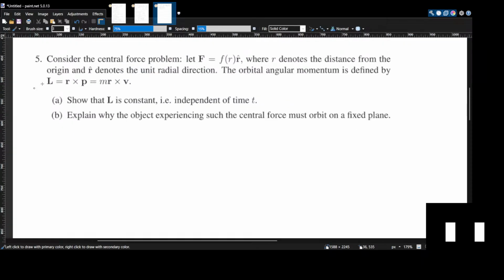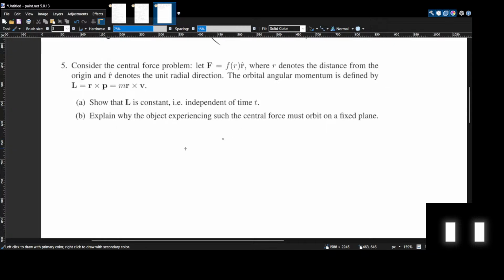Okay. So first of all, consider a central force problem. If we let this be this, where r denotes the distance from the origin and r hat denotes the unit radial direction, the orbital angular momentum is defined by that guy.